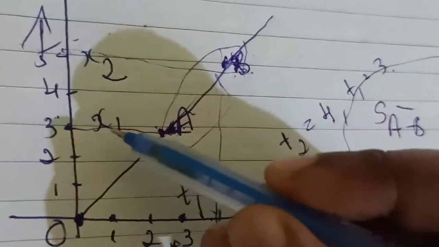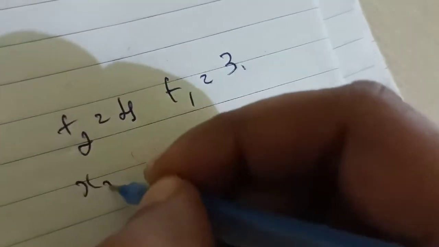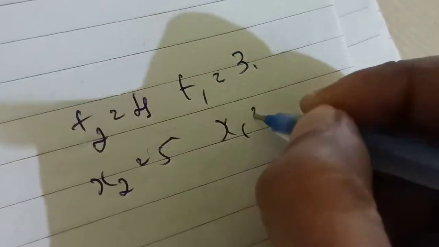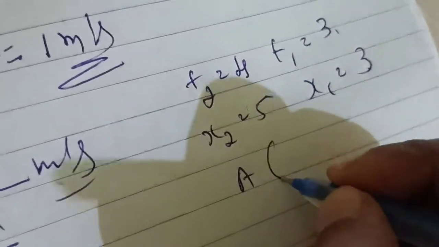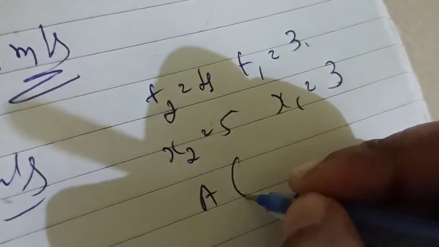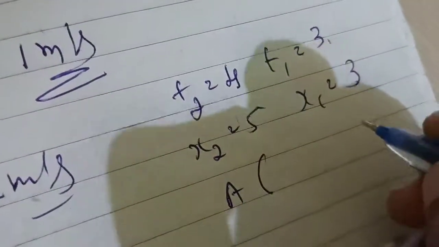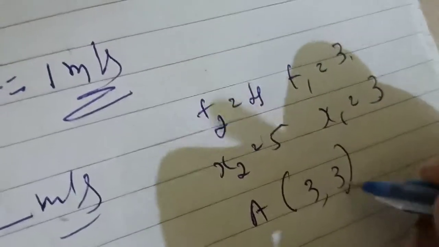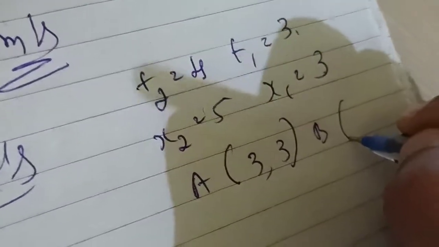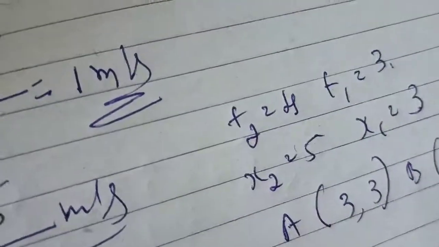Now next if you see, x1 is 3 and x2 is 5. Now how to write point A coordinates? You can write 3 and 3, and point B coordinates you can write 4 and 5.